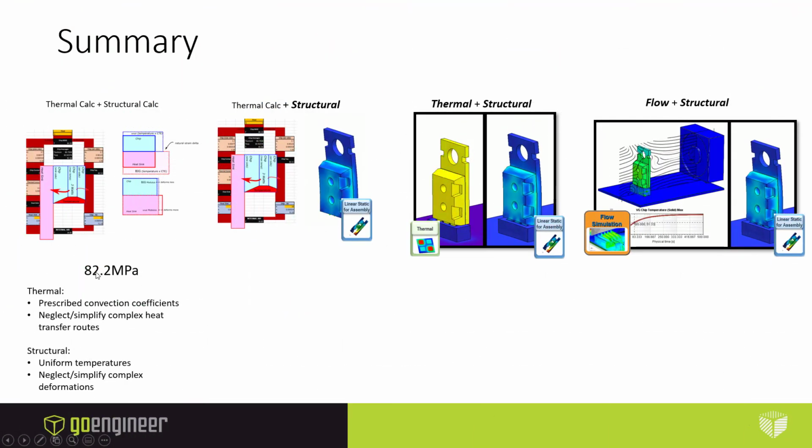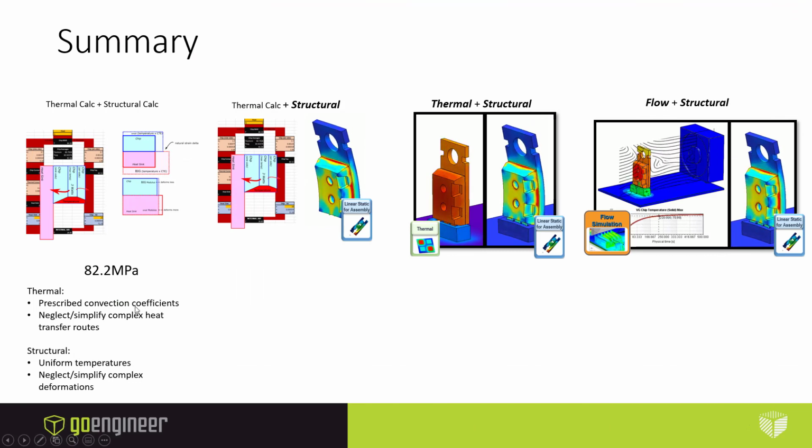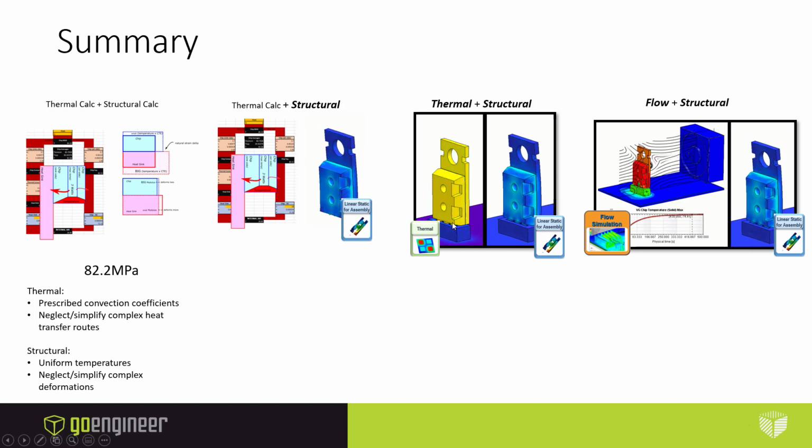When I ran this hand calculation, I had to make a lot of assumptions, right? So I had to prescribe those convection coefficients. That's probably the biggest assumption. We're going to see how big of a difference that makes. But also I had to neglect complex heat transfer routes. Like you can see here, later on, when we run some of these thermal structural studies, I'm going to be able to account for some of the heat transfer pathways, the heat transfers through these little connectors down to the PCB.